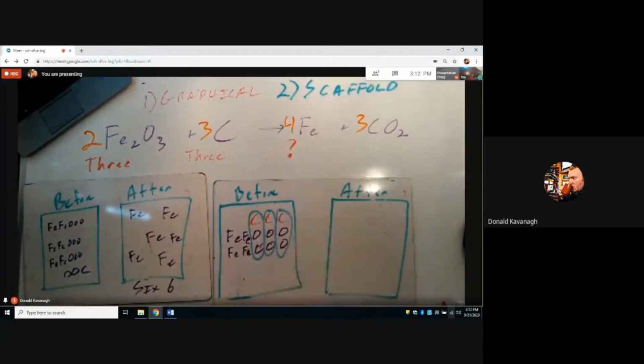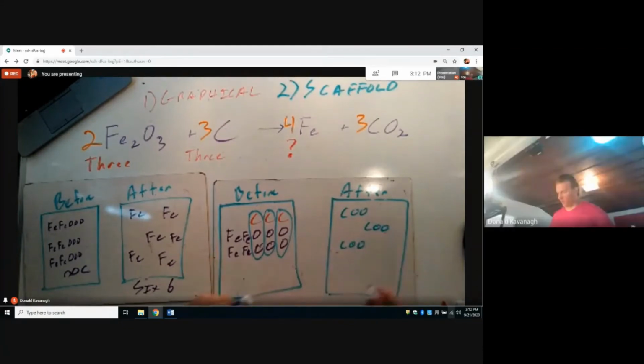So each carbon atom can react and produce 3 CO2 molecules, liberating 4 iron atoms.